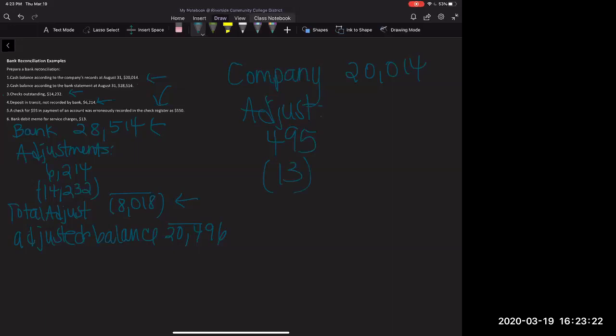Once I deduct that, my total adjustments come out to be adjustments. Obviously, I can't spell today, but that means adjustments, and my total adjustments come out to $595. So my adjusted balance at the end of all of this is going to be my beginning balance, or the balance as of August 31st, plus any of my adjustments.